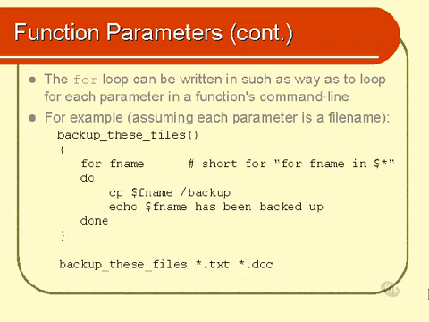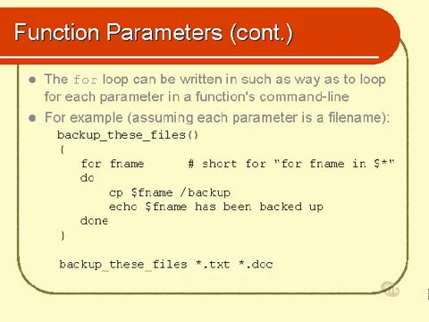Then the function backup_these_files would actually receive 11 parameters, because the shell would process that command line first. The backup_these_files *.txt *.doc command line would be processed by the shell first, which would do all the wildcard expansion, and so you would end up with 11 parameters to backup_these_files.